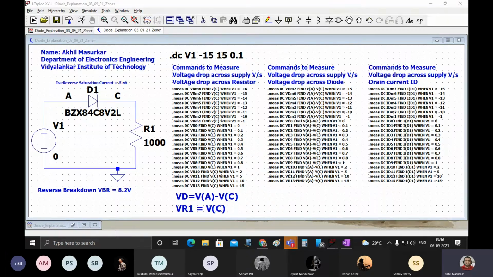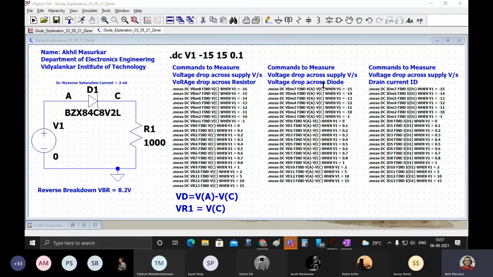Okay, Rohan. What are these two characteristics, ID1 and? You have plotted two. There is one blue line and one green line. What is that? Sir, it is VA. I forgot to remove it. Remove it. Okay.